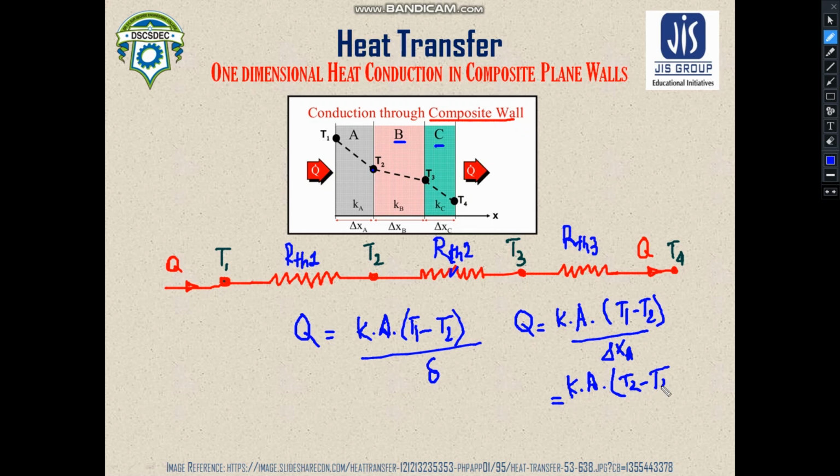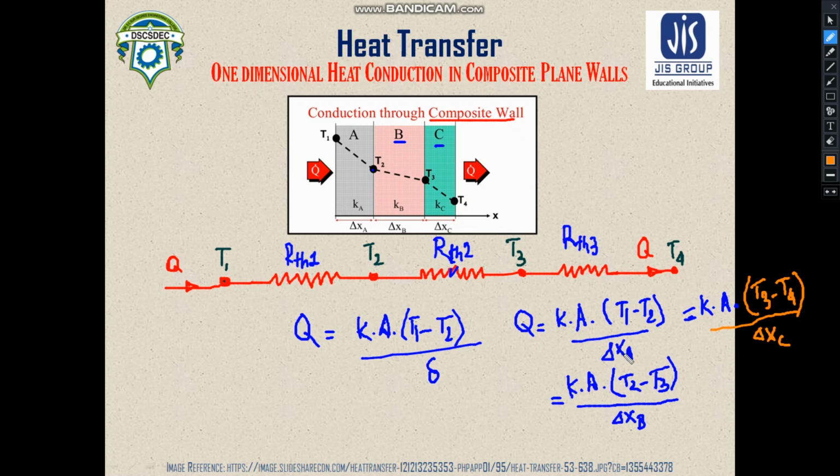It will be T2 minus T3, divided by the thickness del x B. And for wall number C, this equation can be modified like this: K A (T3 minus T4) divided by del x C, because this is the thickness for wall number C.